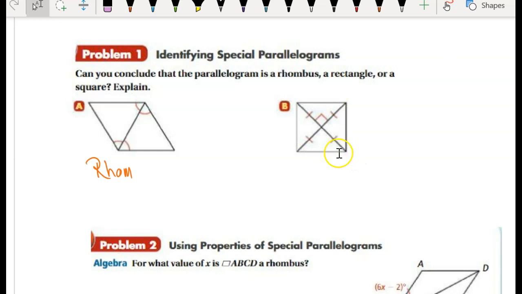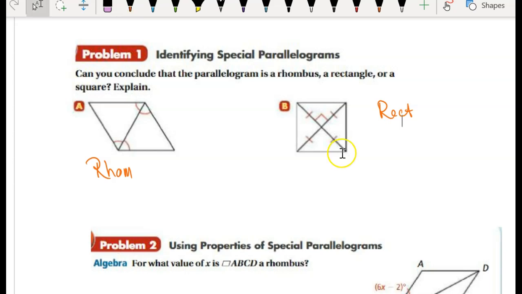As I look at this a little more closely, what do you notice about the diagonals? They're congruent, right? So my diagonals are congruent. So what does that mean? That means I have a parallelogram that is a rectangle.